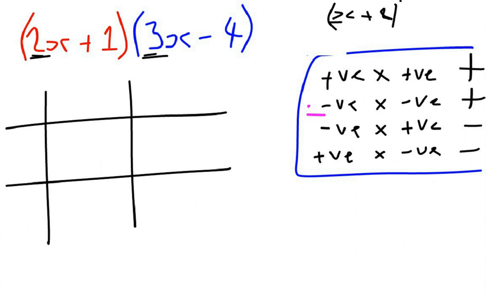And we're multiplying. In the top box we have 2x plus 1. Remember I said in the previous video it doesn't matter which way round we do these. I could put my 2x and my plus 1 in those boxes, but I've decided to put it like this.